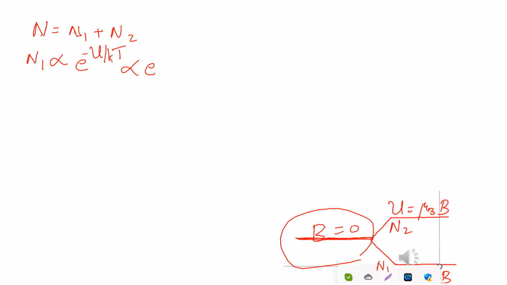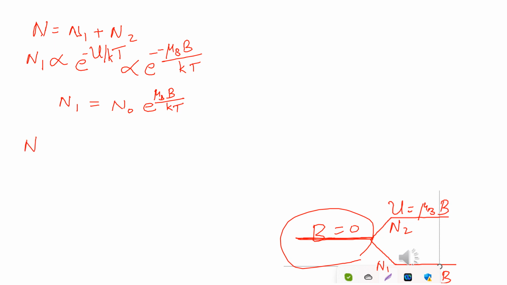N1 has energy minus mu B times B, so there is already a minus: e raised to minus, minus mu B times B divided by KT. Or we can say, eliminating the proportionality with the constant N0, N1 equals N0 e raised to mu B times B divided by KT.